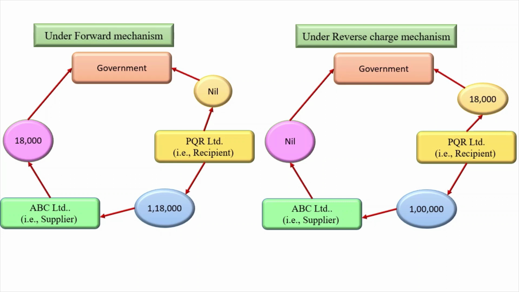In first case 1,18,000 directly he will pay to the ABC Limited, whereas in reverse charge mechanism he is paying 18,000 to the government and 1 lakh to the supplier. So ultimately total he is paying 1,18,000 to the supplier as well as government. So in both the situation, supplier position, recipient position and government position will remain same. This you can understand with the help of this figure.